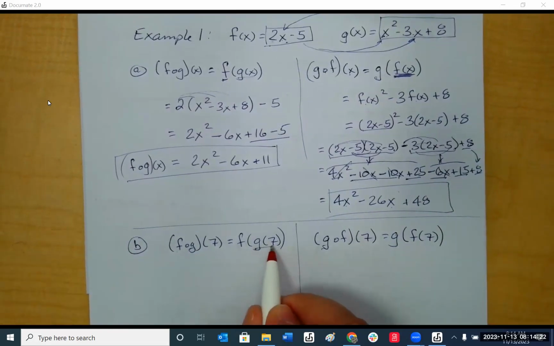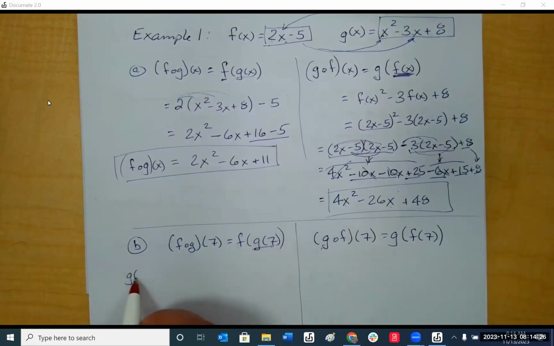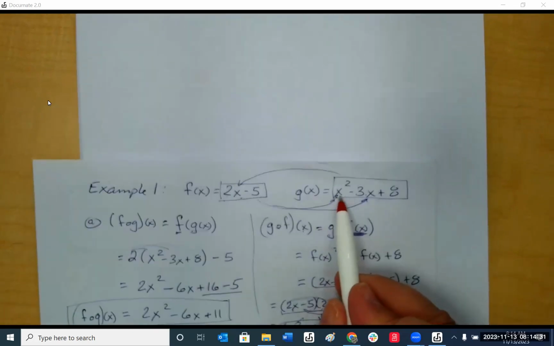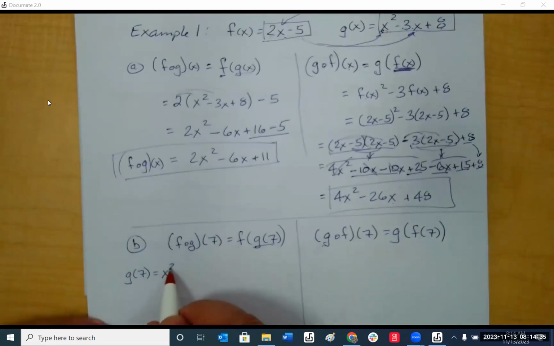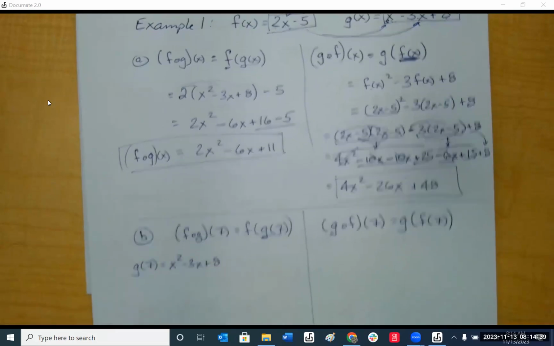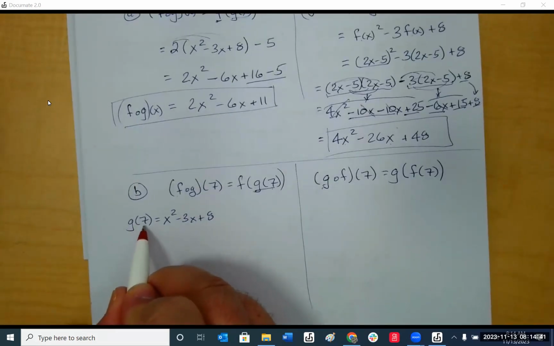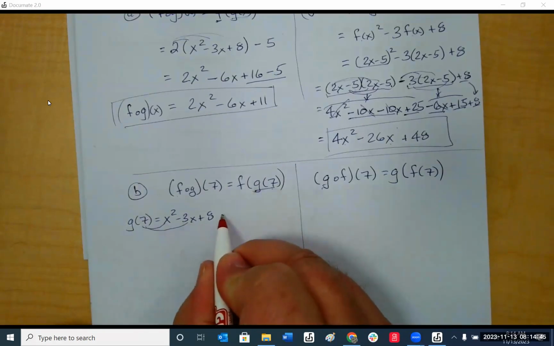So what we do first is let's find what g of 7 is. g is x squared minus 3x plus 8. And since 7 is inside the parentheses, anywhere I see an x, I put a 7.